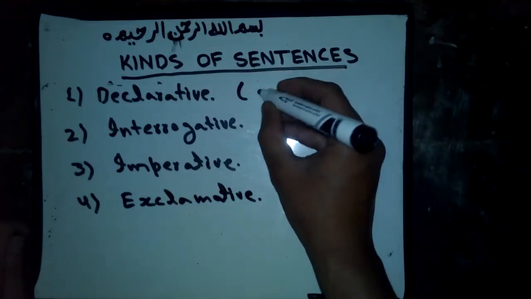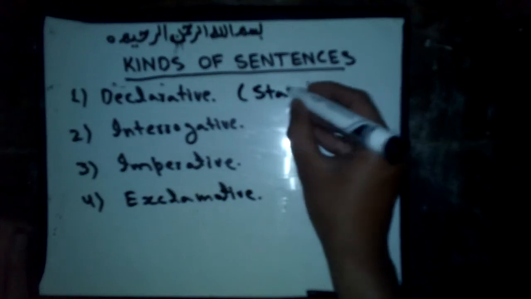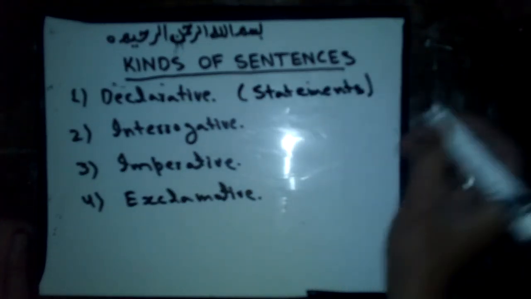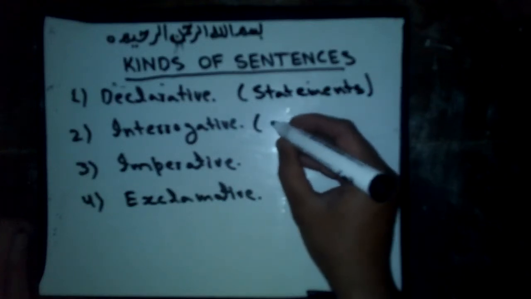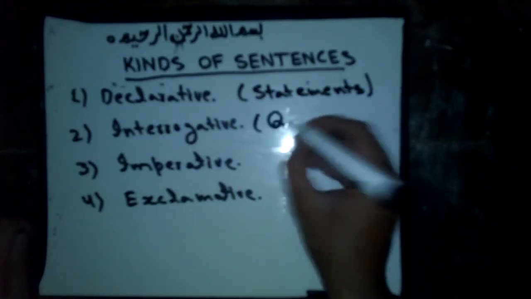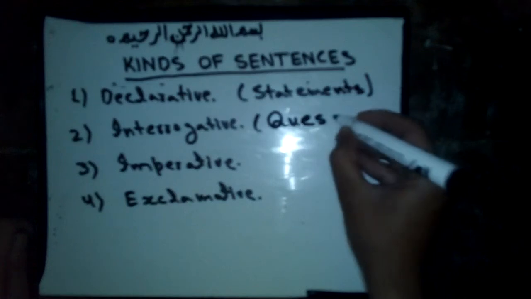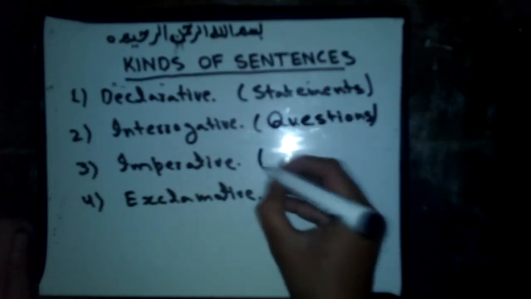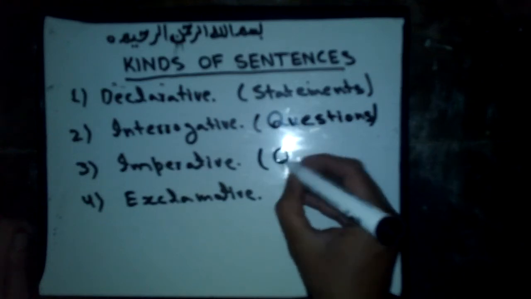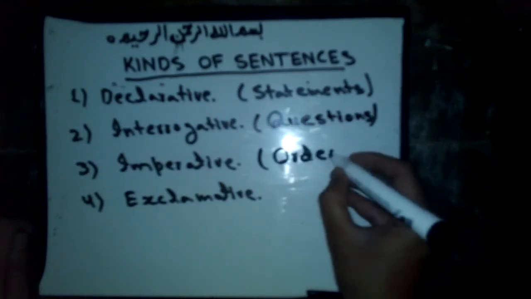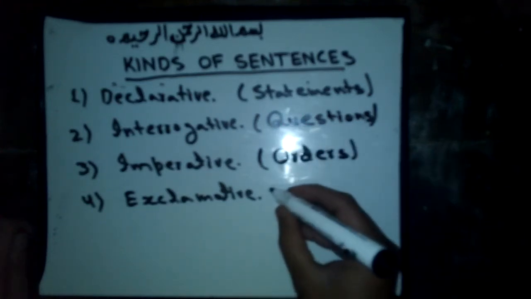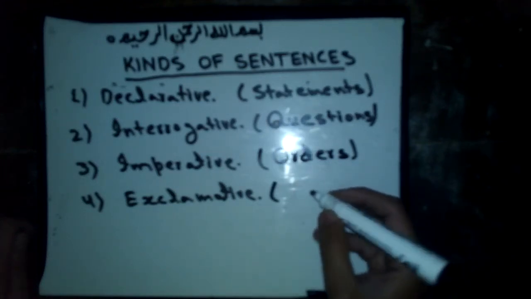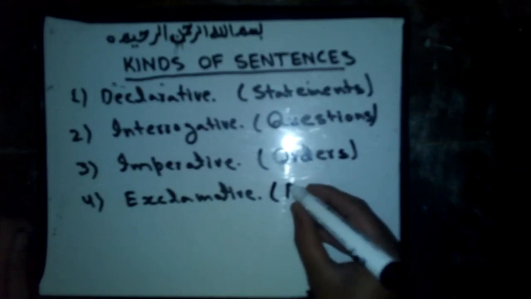Declarative sentences are statements. Interrogative sentences are questions. Imperative sentences are orders. And exclamative sentences are those sentences in which emotions or feelings are present.